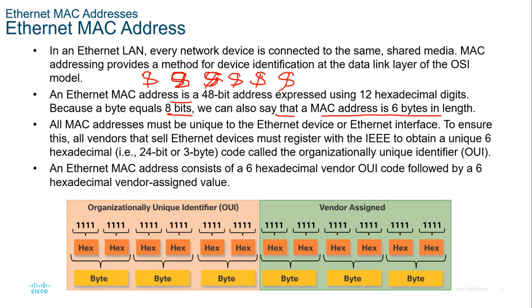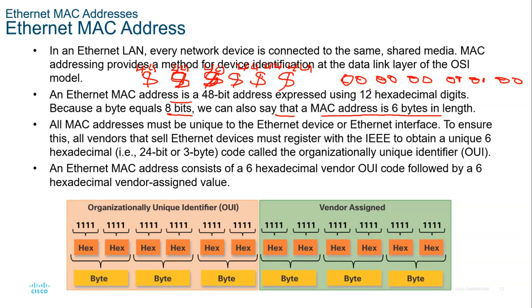With the 6 bytes, here we expect 2 hexadecimal digits per byte, something like 00, then 00, then 00, then 00, then 00, then 00.